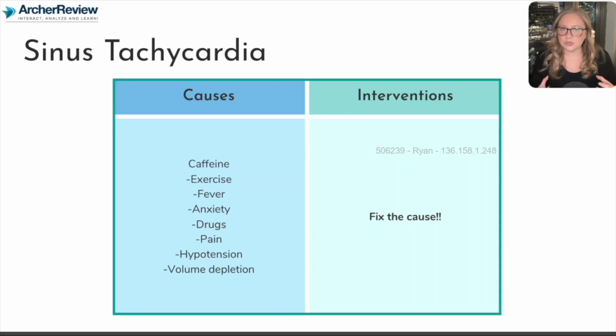When the blood pressure goes down, the heart knows that it needs to do something to get the cardiac output back up. The only way it can compensate for decreased blood pressure, that volume depletion, is by increasing the heart rate. So compensatory tachycardia is the body's way of trying to maintain perfusion by increasing the cardiac output.